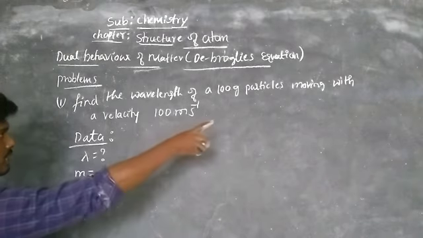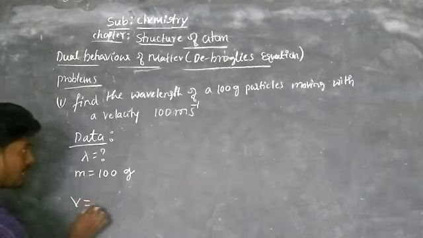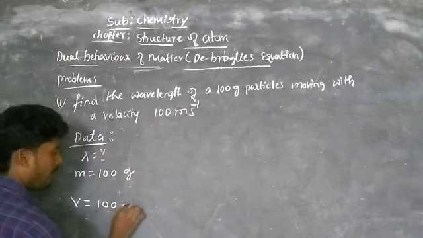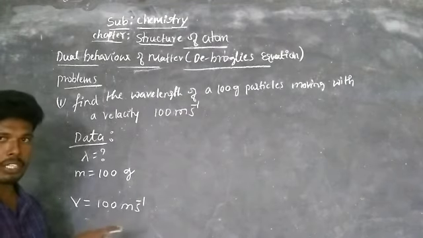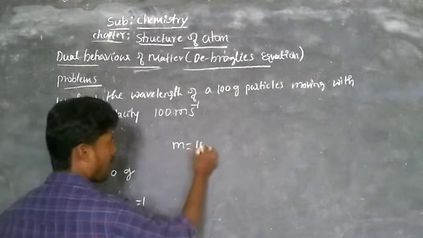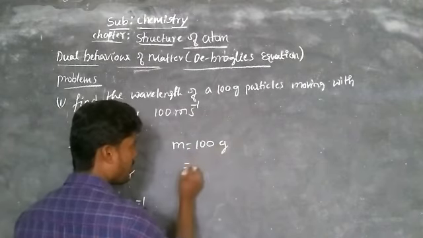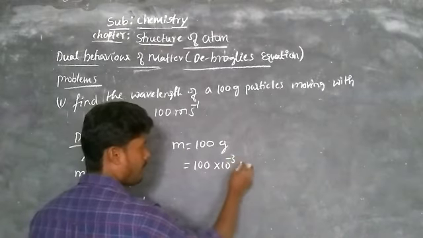Moving with velocity v, that is velocity is equal to 100 meter per second. So convert the mass into the standard unit, that is kg. m is equal to 100 grams, to convert to kg, that is equal to 100 into 10 power minus 3 kg.